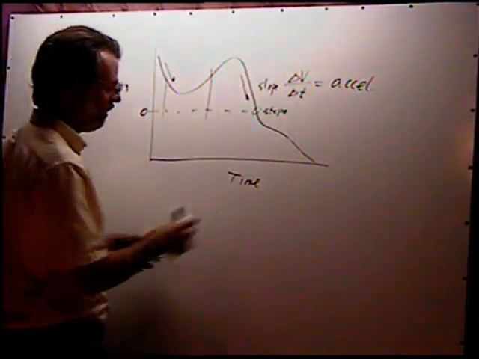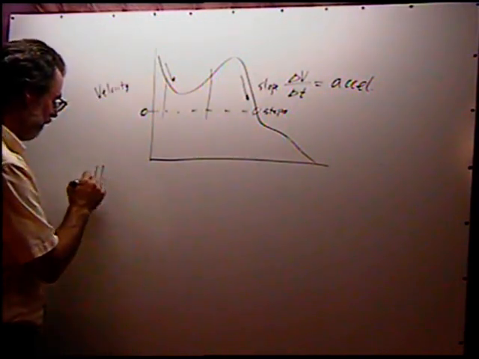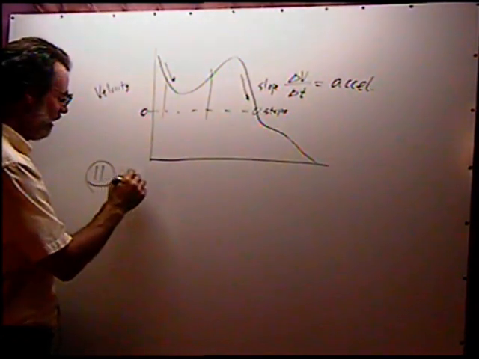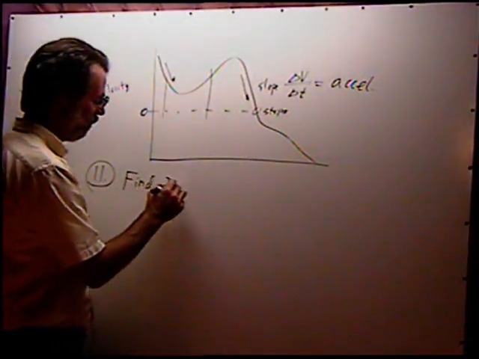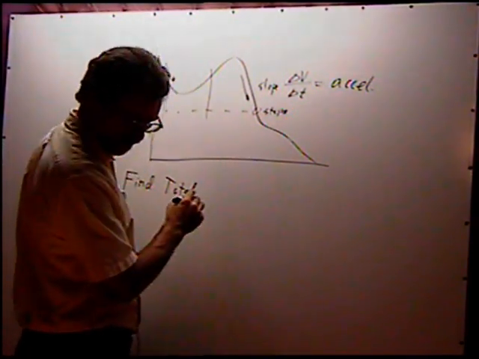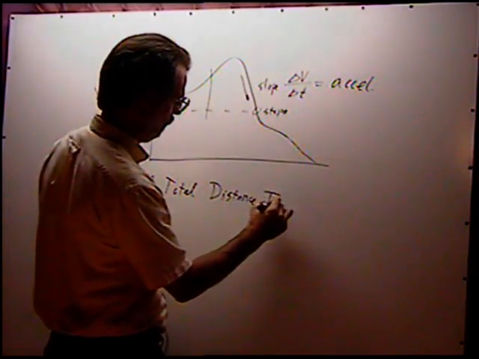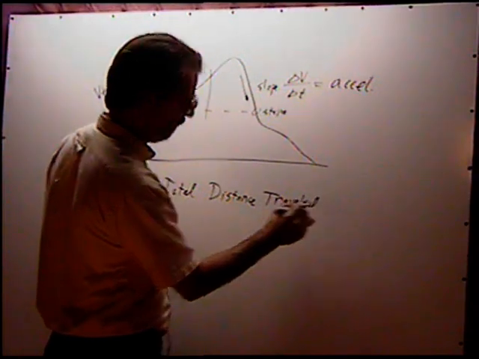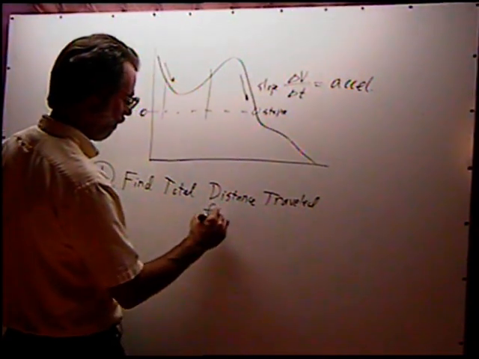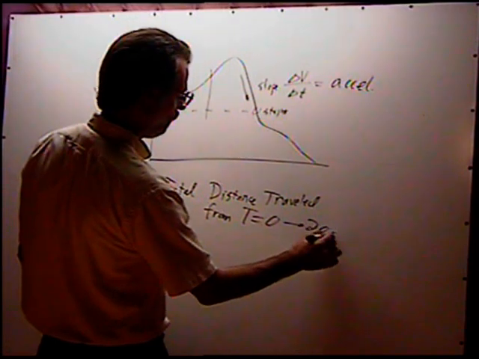Now one question that I've added, and I call it question number 11. It's not in the book, but question number 11 is to find the total distance traveled from time equals 0 to time equals 20 seconds.